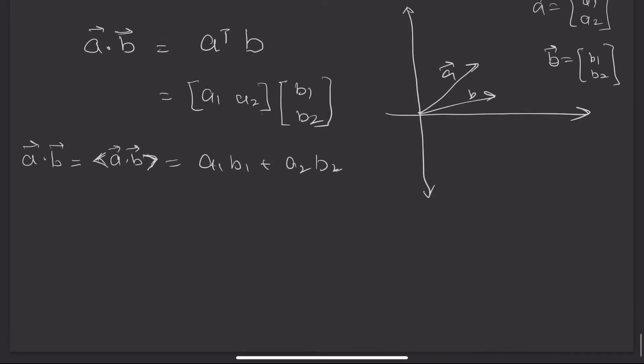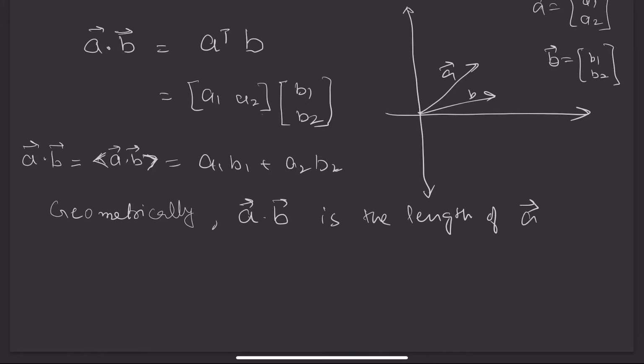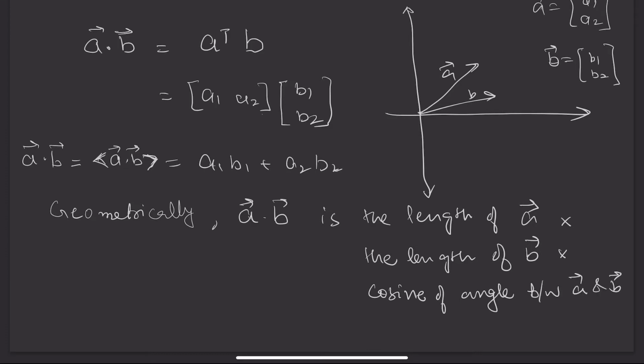So geometrically, A vector dot B vector is the length of A vector times the length of B vector times the cosine of the angle between A vector and B vector.